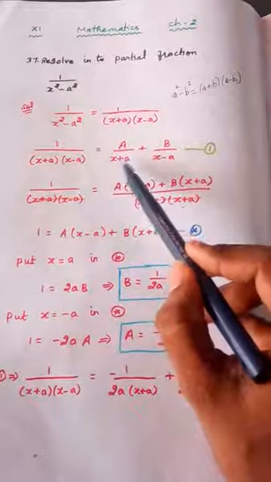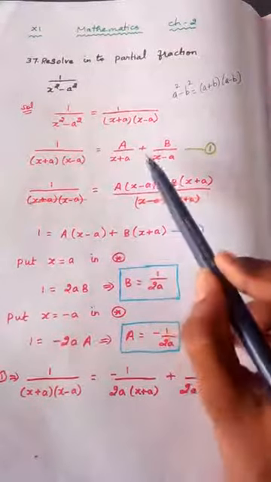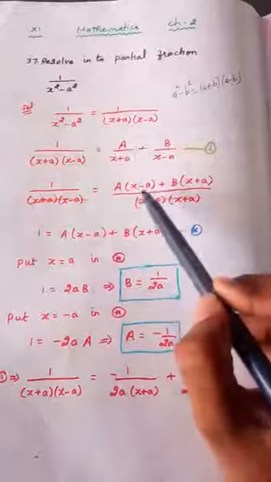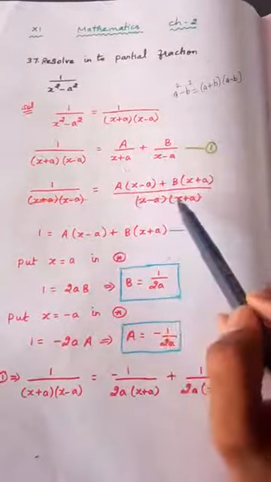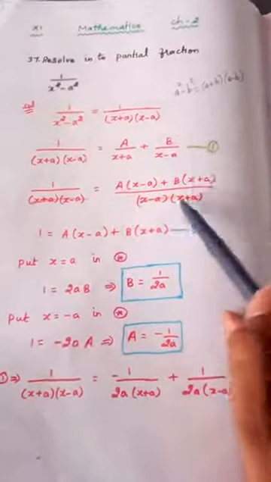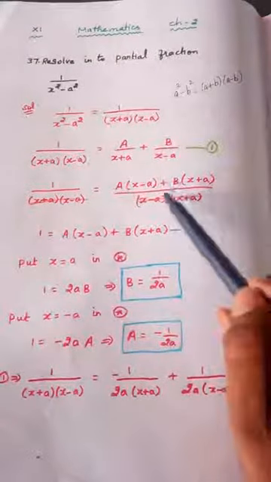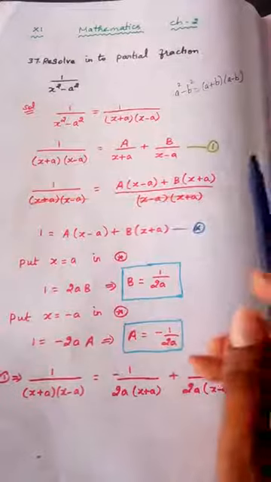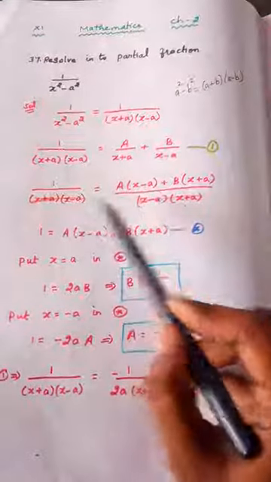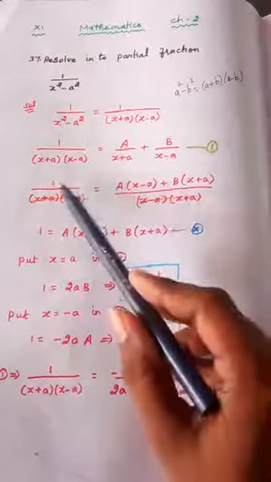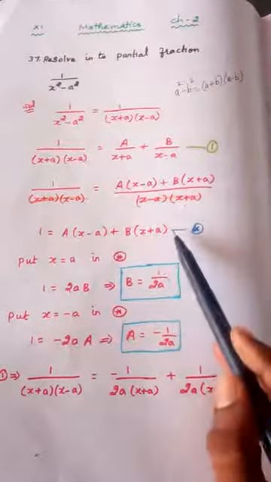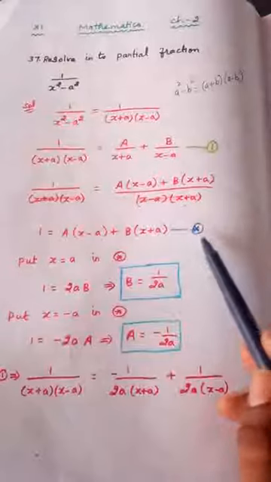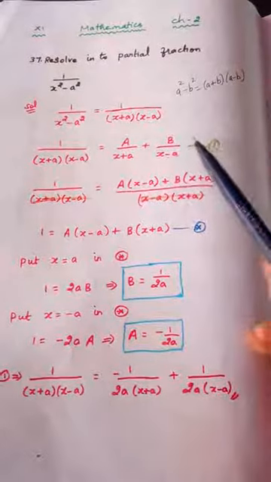Here x plus a is present, x minus a is absent, so the numerator will have x minus a. Since in the denominator x minus a is present, x plus a is absent, the numerator will have x plus a. This is nothing but taking LCM. Cancelling the denominator on both sides, we will get 1 is equal to this entire thing. That is also given a name, equation star. This is equation number 1.